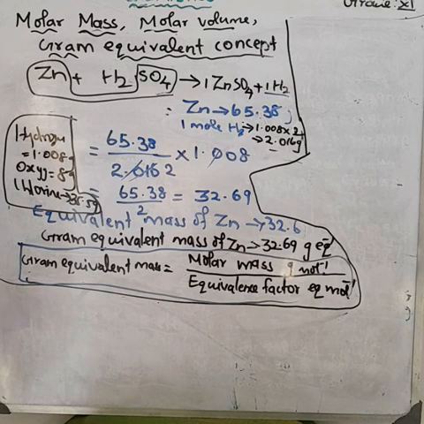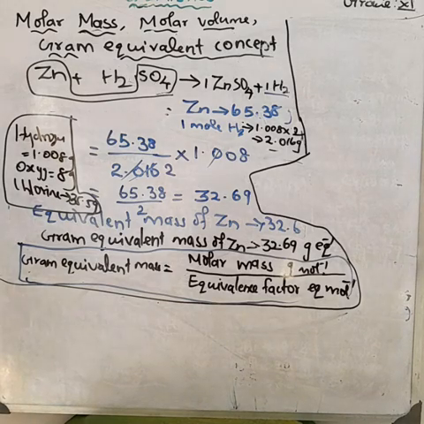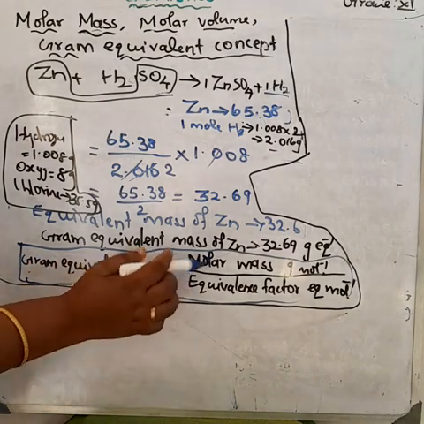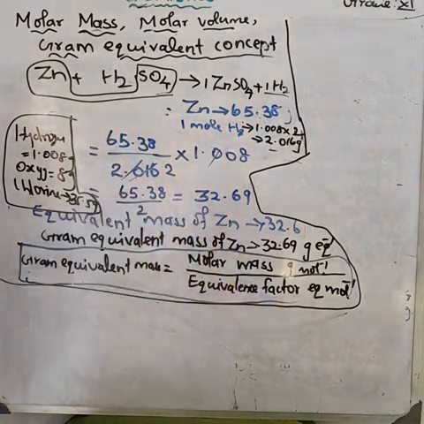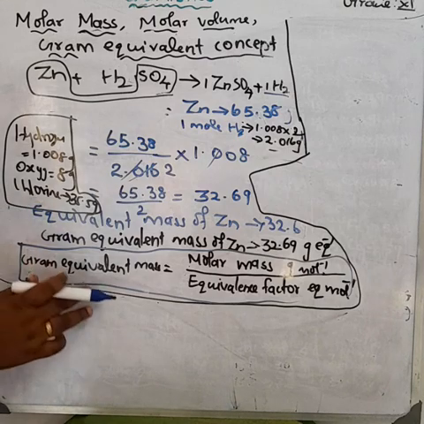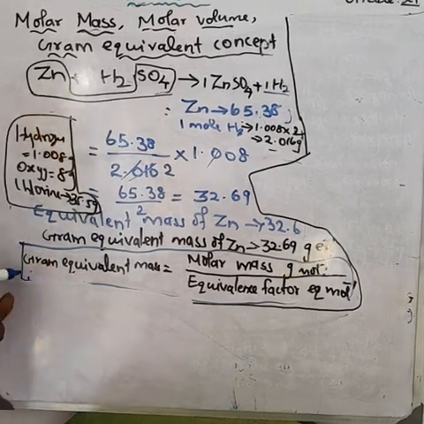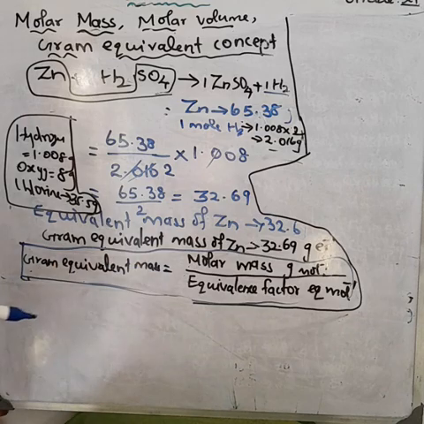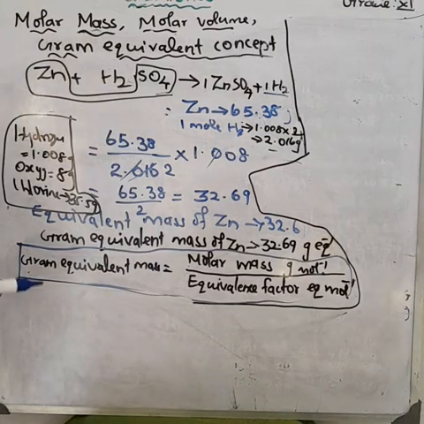Which expression? Gram equivalent mass is equal to molar mass by equivalent factor. This common expression is not based on hydrogen, oxygen, and chlorine.